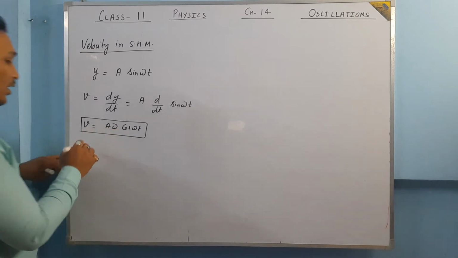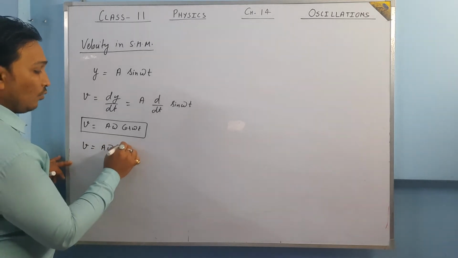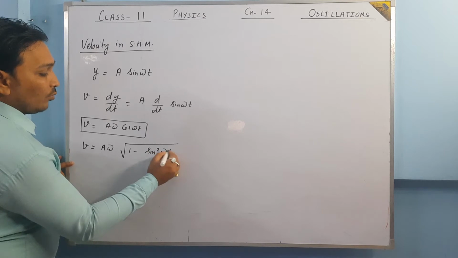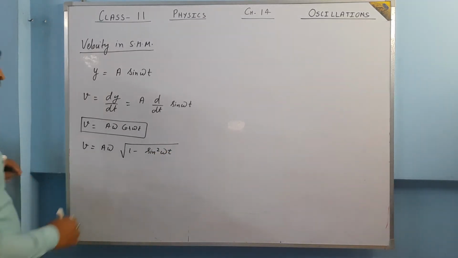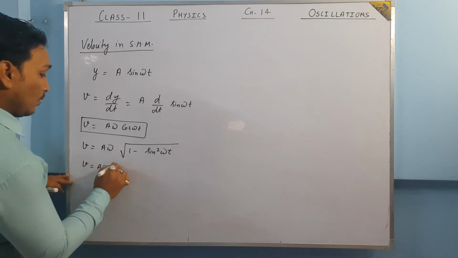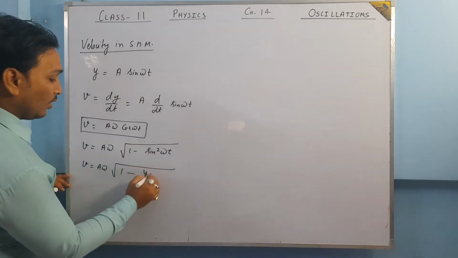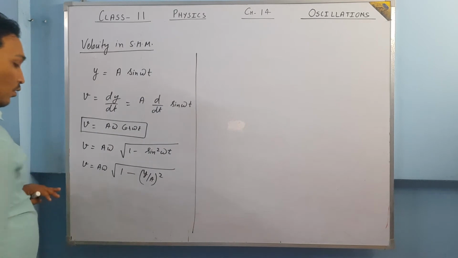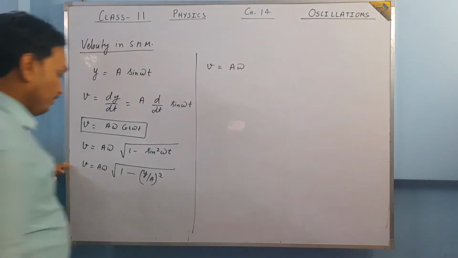Now that cos omega t can be written as under root 1 minus sin square omega t, simply from the trigonometric identity. In place of sin omega t I can write y upon A, whole square. So from here we get v is equal to A omega under root 1 minus y square upon A square.